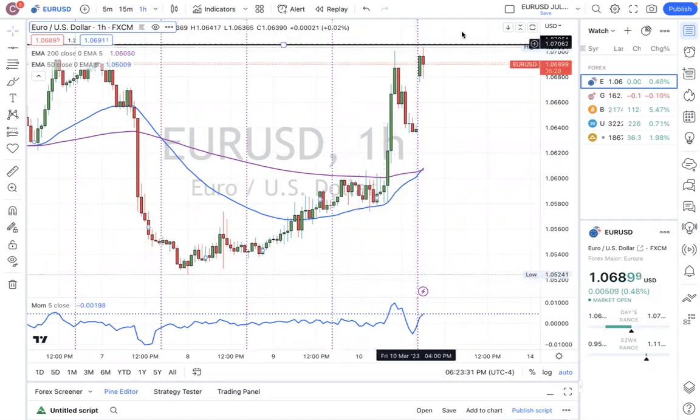I would say that it's probably going to sell, only because, remember, the market is always going to be doing this up down thing. Once the previous high has already been broken and you have other confirmations for a sell, like for example the MOM line is still below 0, right?